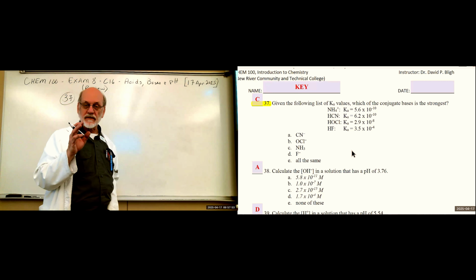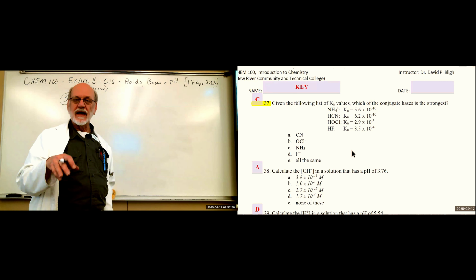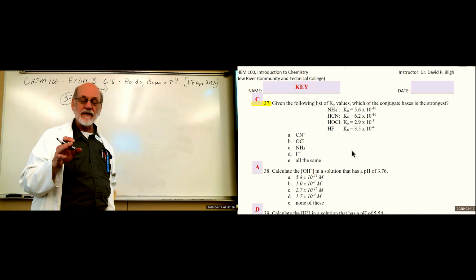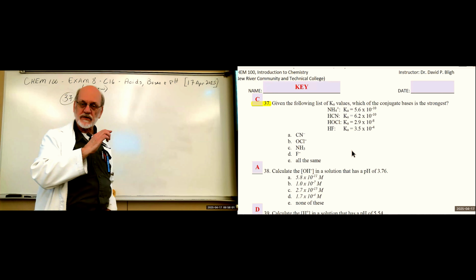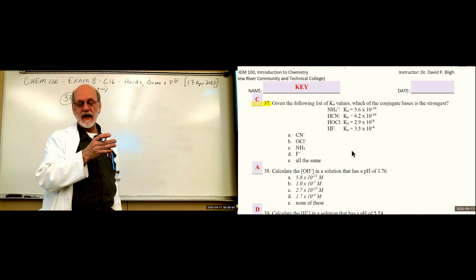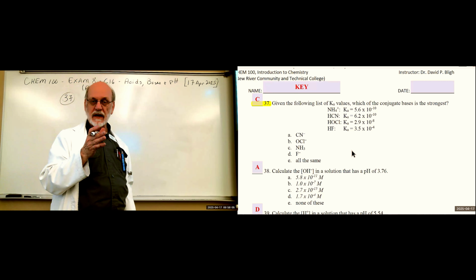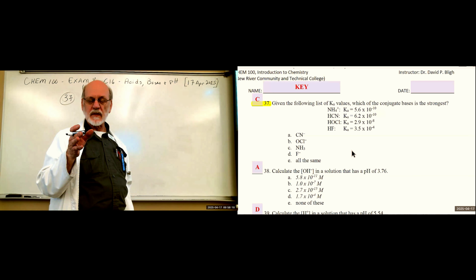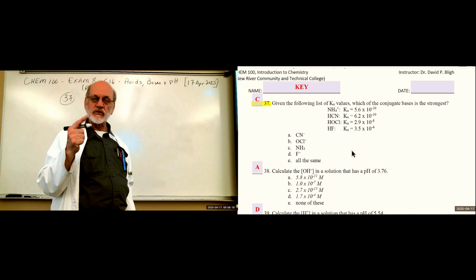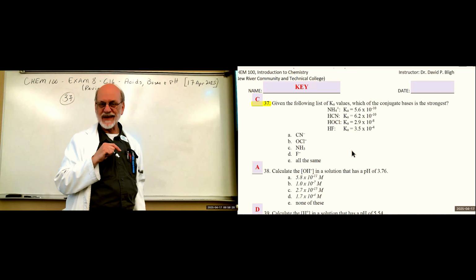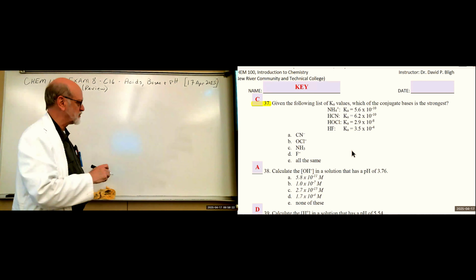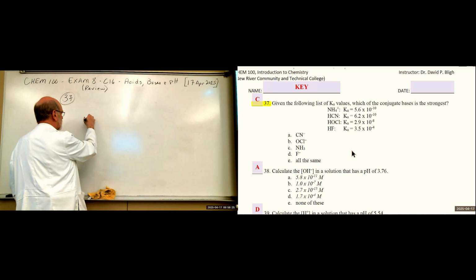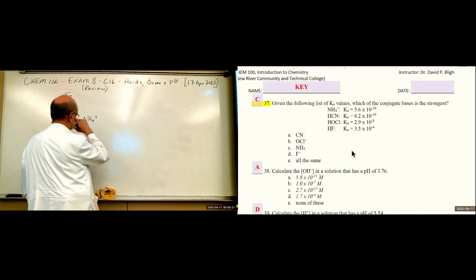All right, we've got the top one, ammonium and hydrocyanic have the same powers of 10. So we go to the coefficient and compare. And we find that the weakest acid is ammonium ion. So it would make the strongest conjugate base. So what's the strongest conjugate base of NH4 plus?